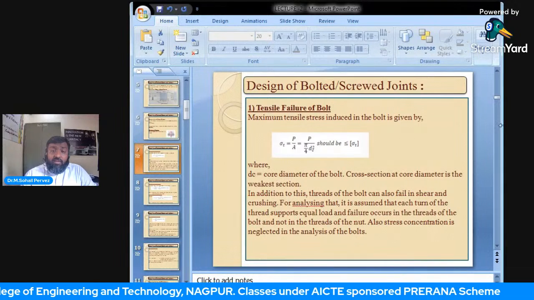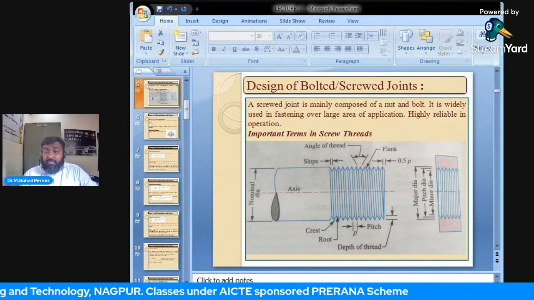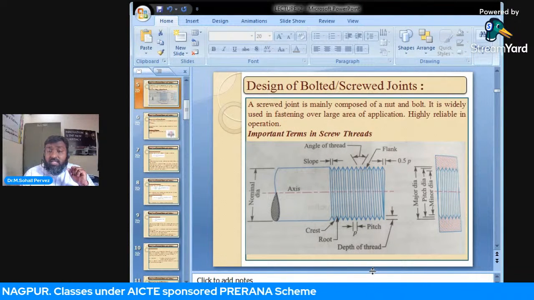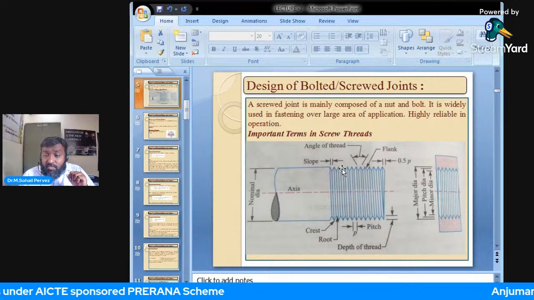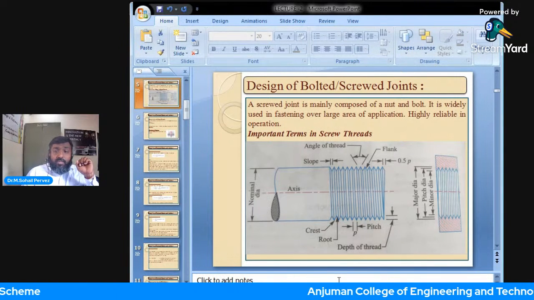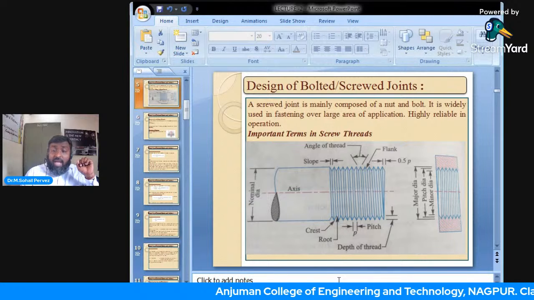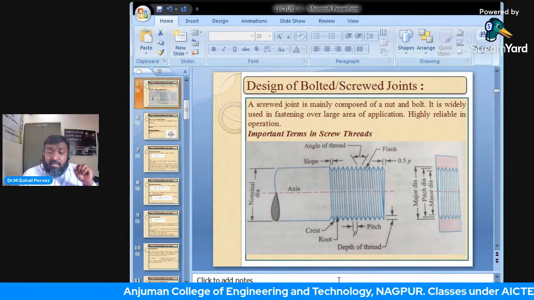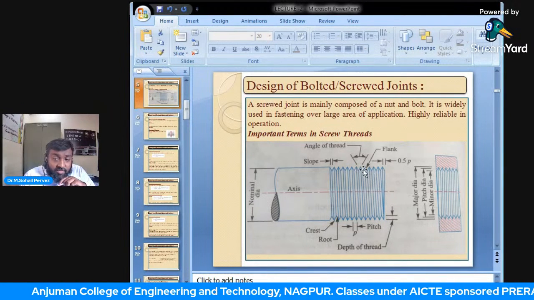Going back to this diagram, we must try to understand what happened due to the removal of this small portion of material. Obviously the strength will be reduced.